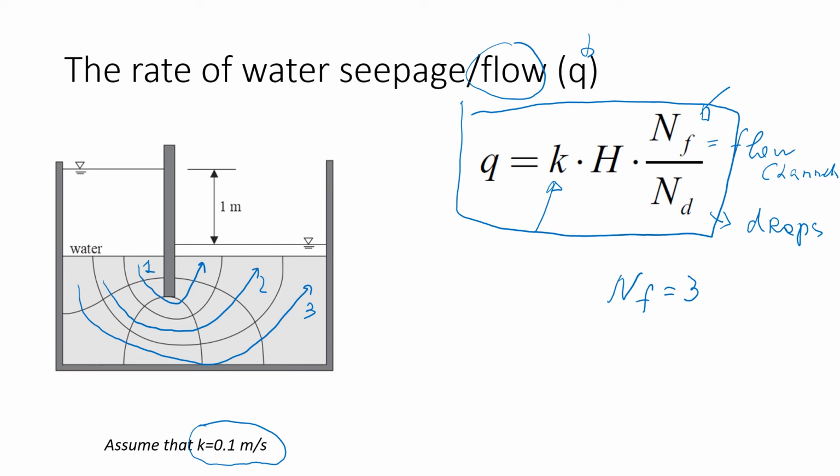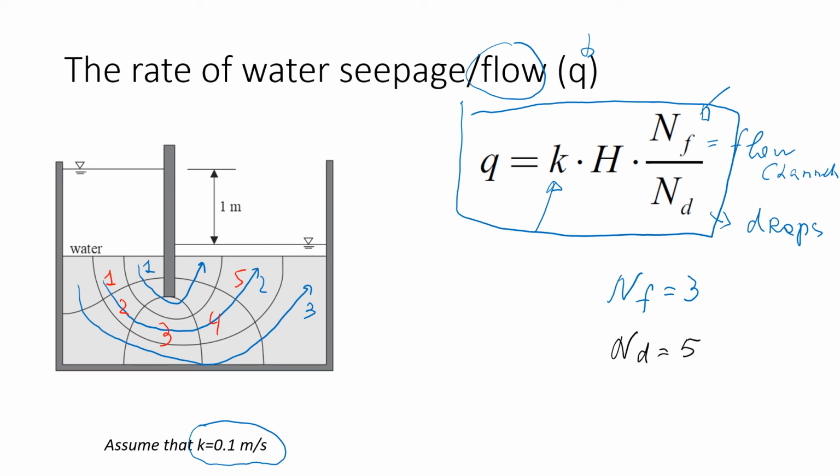To count drops, typically I would choose the flow channel in the middle. So let's choose flow channel number 2, and then we just count the number of squares, or what look like squares, in this channel, and this will give us the number of drops. We'll start from the left where water starts flowing. 1, 2, 3, 4, 5. So we find that the number of drops is 5.